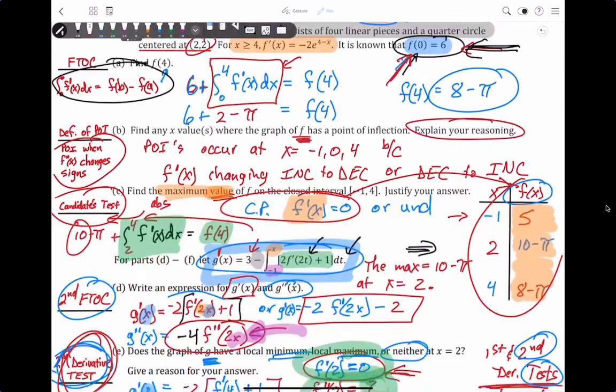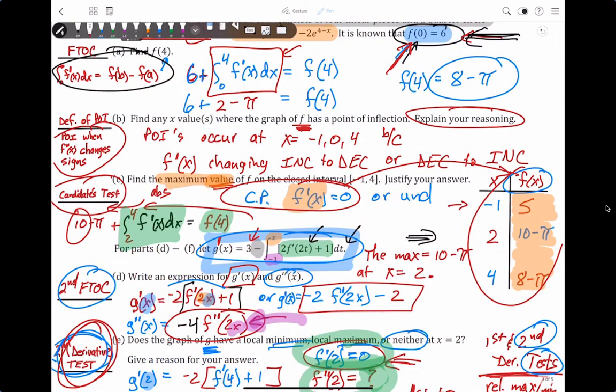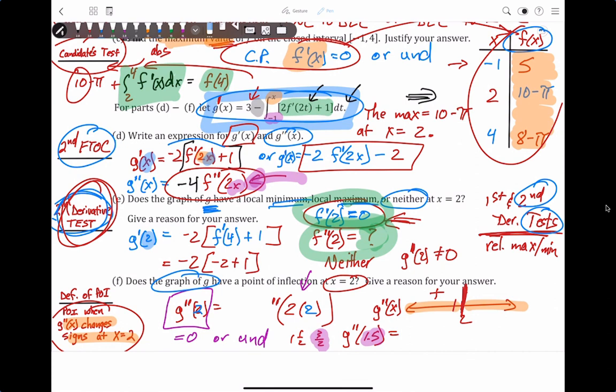So we know it's a positive of some kind. And a positive multiplied with this negative 4 is going to be a negative. So a positive times a negative is a negative. And sure enough, check that out. We have a sign change going on.